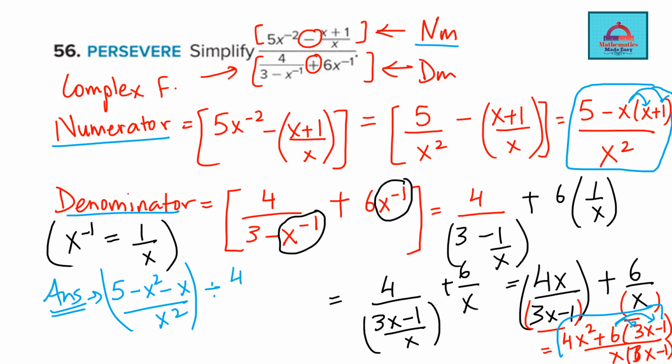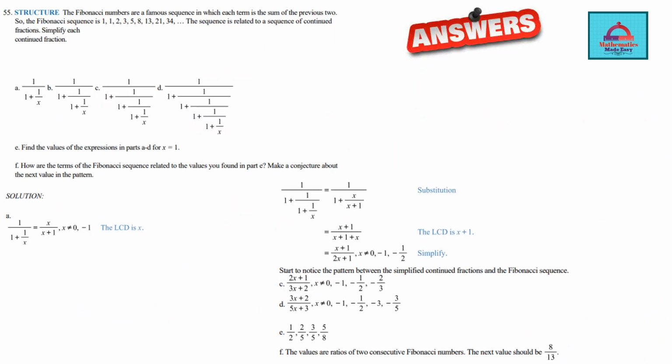So what do we get? 4x square plus 18x minus 1 divided by x times 3x minus 1. Now this division you can convert to multiplication by taking reciprocal of this. So do that, simplify, cancel the common factors and then get your final answer. So solve it in your notebook and let's check your answers in the next slide now.